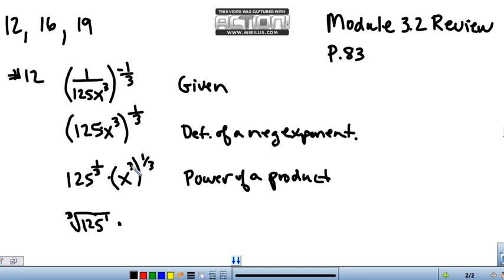So I'm going to multiply 3 times 1/3. A number times its reciprocal equals 1. x to the 1, you don't have to have the 1 there. My justification here would be rewrite as a radical, and power of a power.